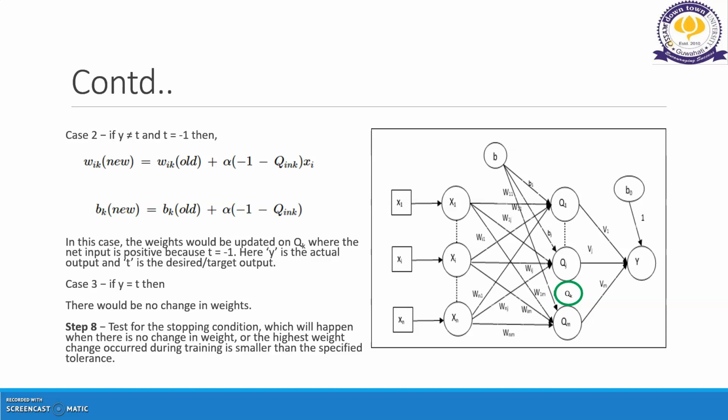That means your network has accurately predicted the target output. And lastly, the test for stopping condition, which will happen when there is no change in weight or the highest weight change occurring during the training is smaller than the specified tolerance.